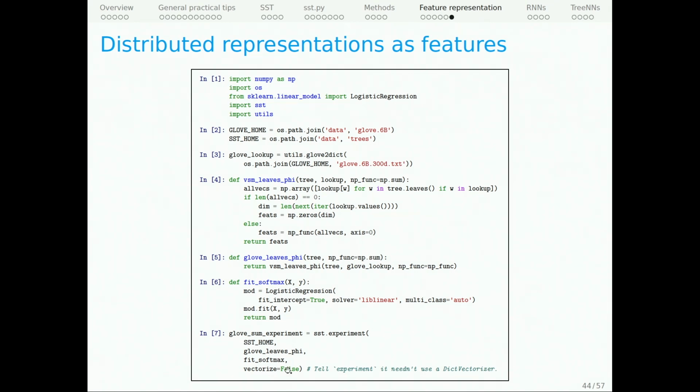And then you call the experiment, and the only thing you have to remember if you have this kind of data coming in, that is vectors and not dictionaries, is to say vectorize equals false. Otherwise, it's going to assume that those vectors coming in are actually dictionaries, and it will do, if it does anything at all, something quite crazy. What you're essentially doing here is saying, hey, SST experiment, don't featurize my data for me using a dict vectorizer, just take it as it comes. And then it all works out.